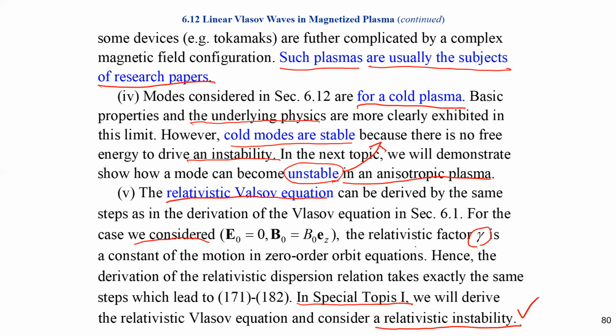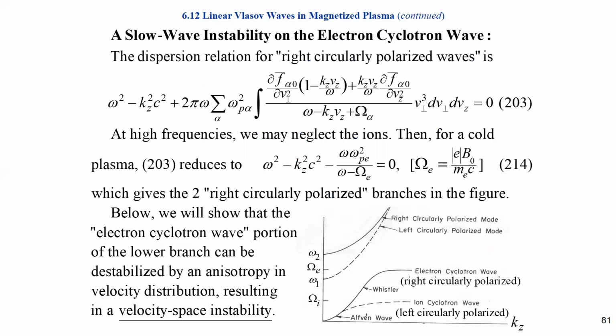Now, let's focus on a slow wave instability. Instability is very, very interesting. It's a very important issue for electron-cyclotron waves.